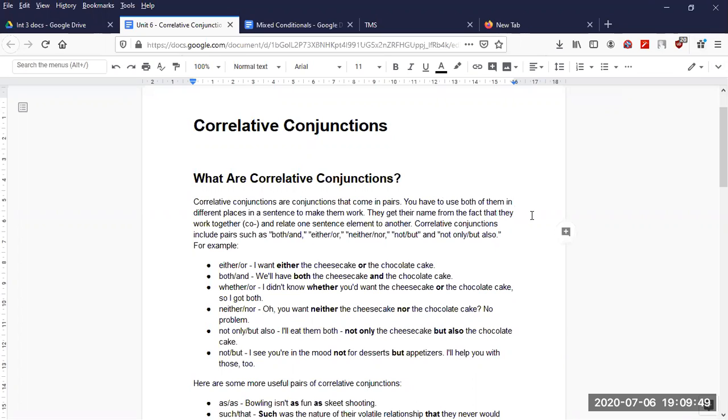You have to use both of them in different places in a sentence to make them work. They get their name from the fact that they work together, cooperate, coexist, and relate one sentence element to another. Correlative conjunctions include pairs such as both and, either or, neither nor, not but, and not only but also. We're going to focus at the moment on these 3 here. They're the main ones in the platform.